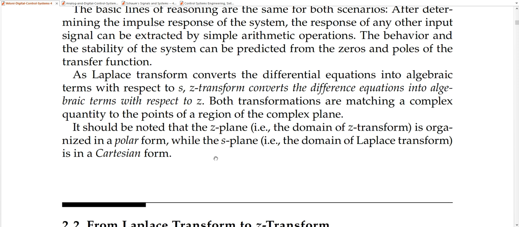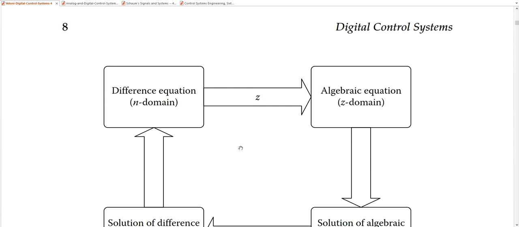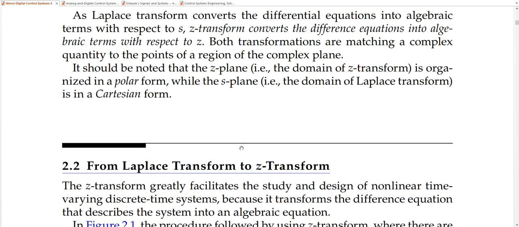It should be noted that the z plane, the domain of the Z transform, is organized in a polar form, while the s plane is in Cartesian or Gaussian form. We have here a diagram which describes this paragraph: the z plane is in polar form, while the s plane is in Gaussian form.